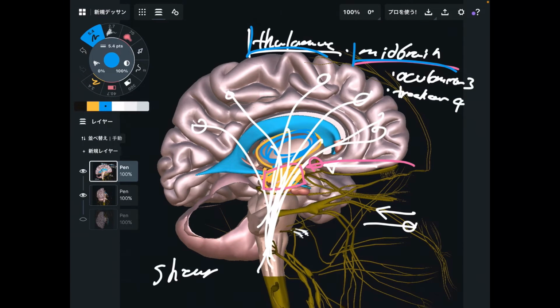There's a membrane inside of cerebellum and cerebrum like this. This membrane, this connective tissue, is called dura mater. Particularly this part is tentorium cerebelli. Tentorium cerebelli. This membrane kind of separates cerebellum and cerebrum.